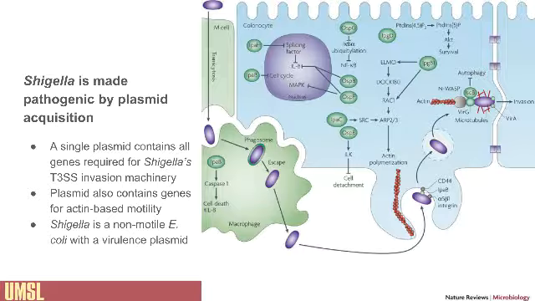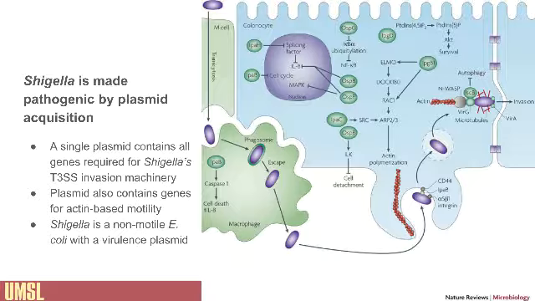On that plasmid, there is a type 3 secretion system that is integrally involved in invading epithelial cells and creating a vacuole.